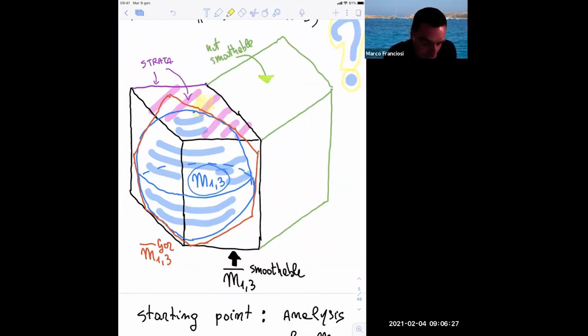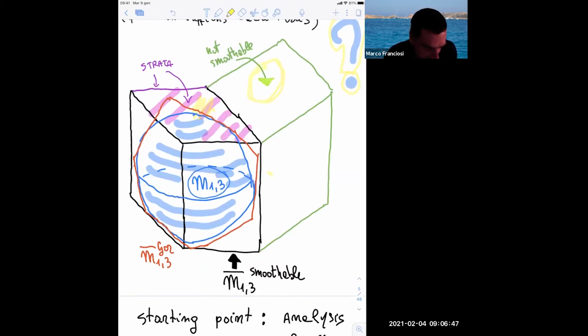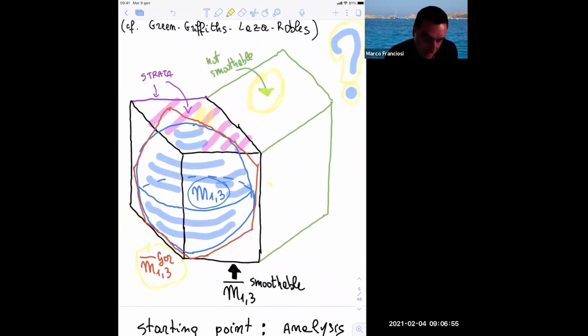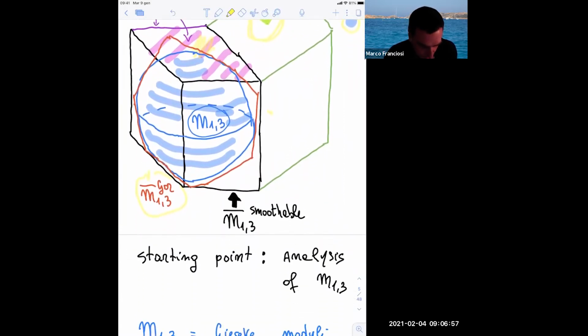But we have also here some new components which are not smoothable and which maybe are attached along a divisor. Okay, the red part is the Gorenstein locus of M_{1,3}, which is an open subset. Okay, so this is the aim of the talk.